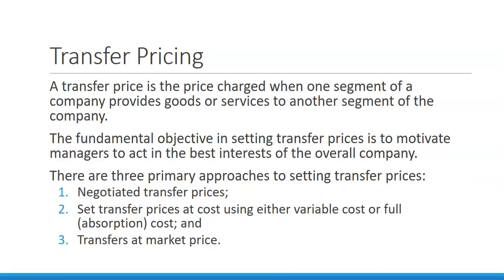We have three primary approaches to setting transfer prices: a negotiated transfer price, a set transfer price, or just using market price for the transfer. Which method we use depends on several issues such as capacity, market demand.